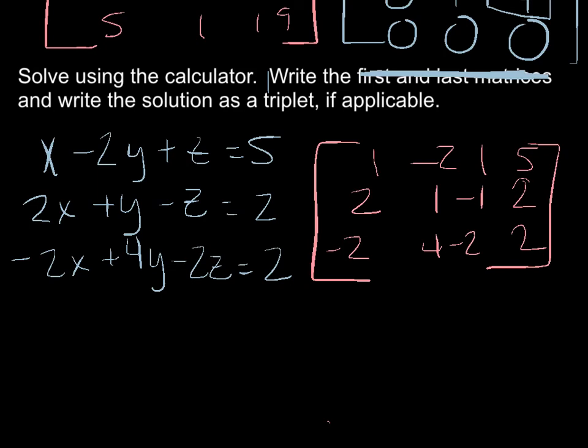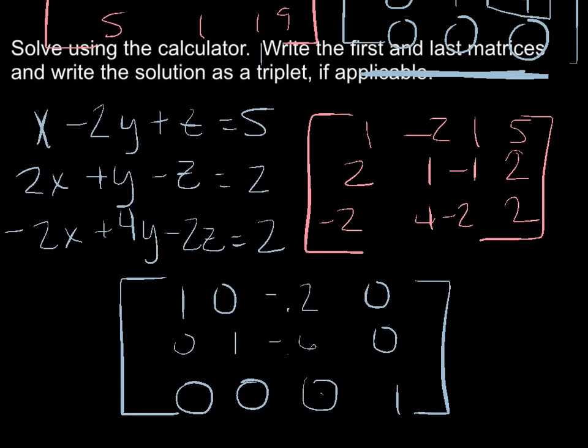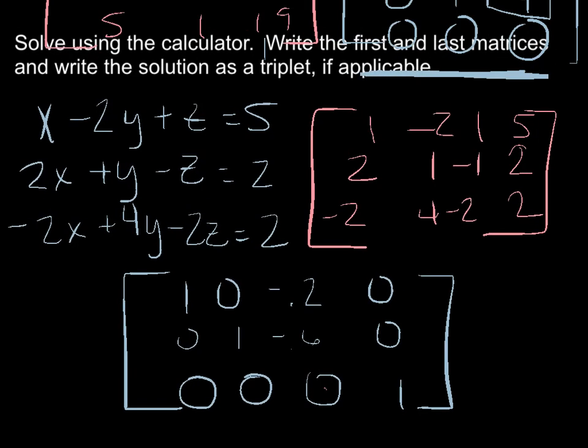Now what I get as my last matrix is 1, 0, negative 0.2, 0, 0, 1, negative 0.6, and 0, and 0, 0, 0, 1. Now, what does that last row tell me? This last row tells me that I have 0 equals 1.